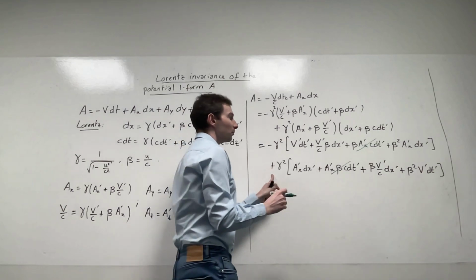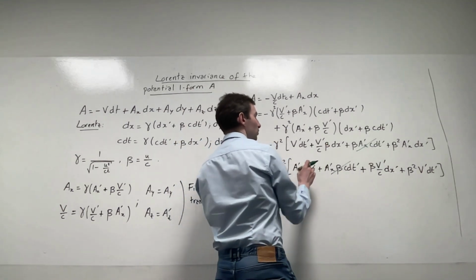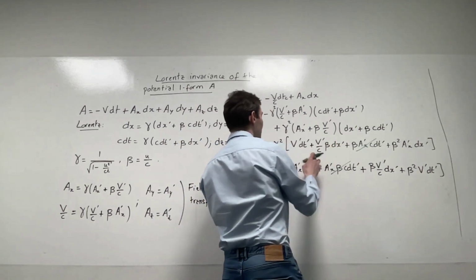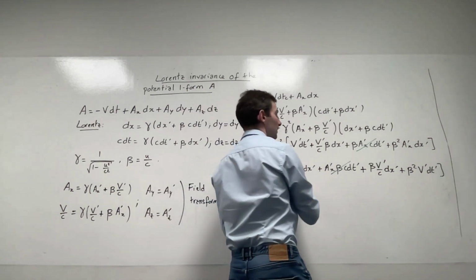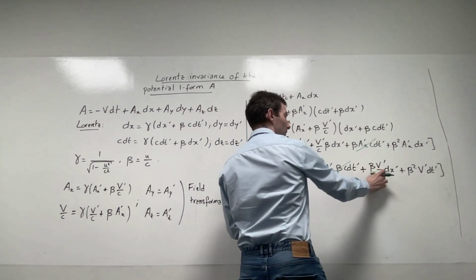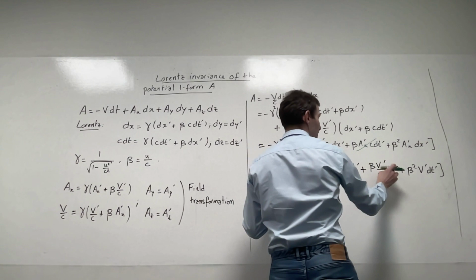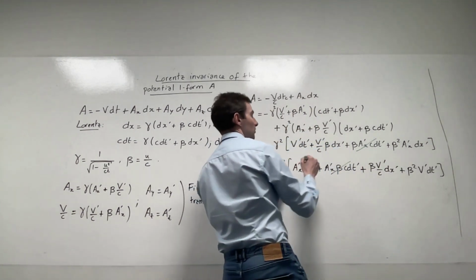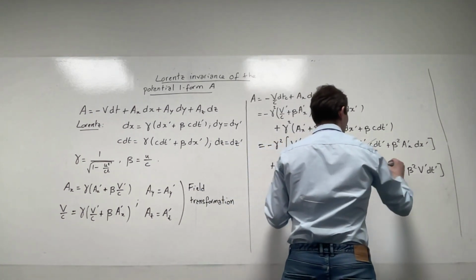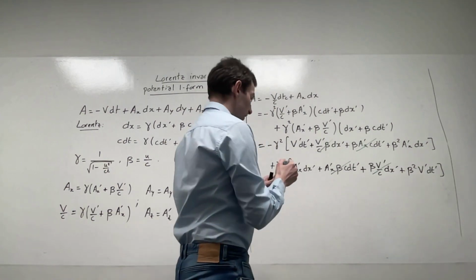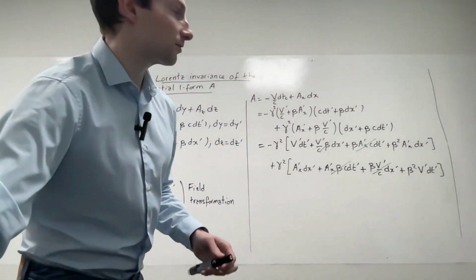Then I've got another mixed term, which is this one, v prime over c beta dx prime minus gamma squared, and that's going to be compensated by this one, beta v prime over c dx prime plus gamma squared, okay? And basically that's it.